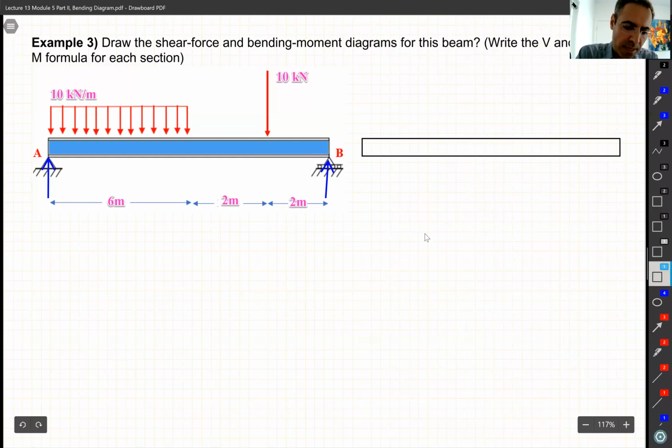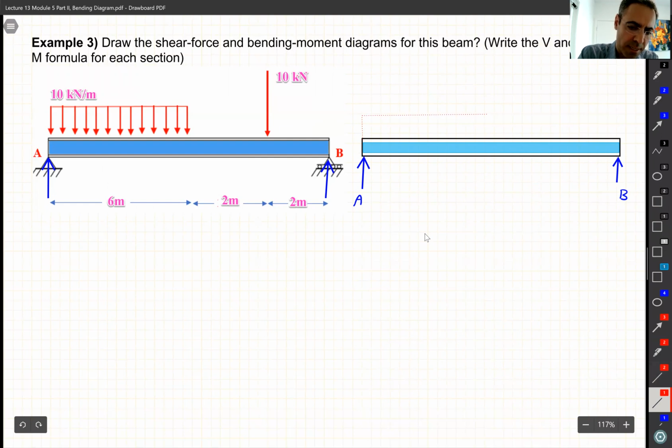So let's say that's the same beam. We have the reaction at point A and the reaction at point B. We call this one A, and we call this one B. Then we have a distributed load, which I can replace with its equivalent, somewhere in the middle here.